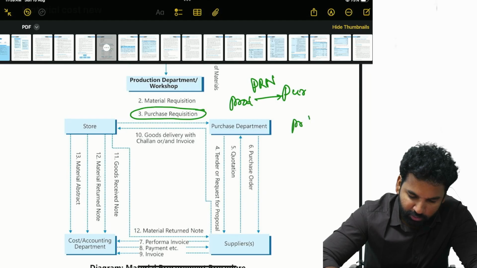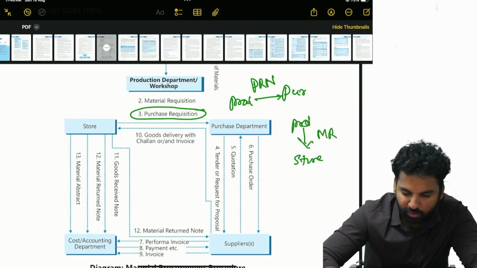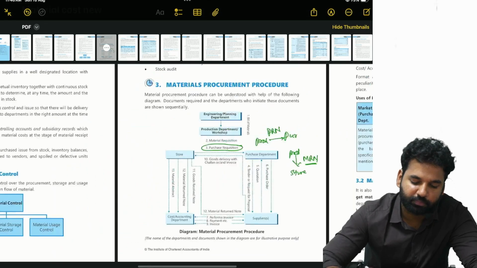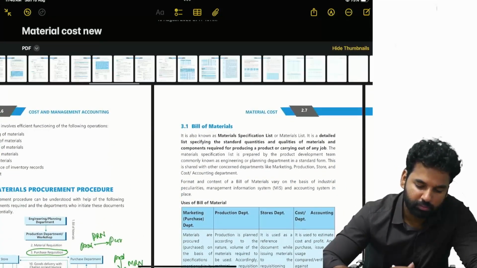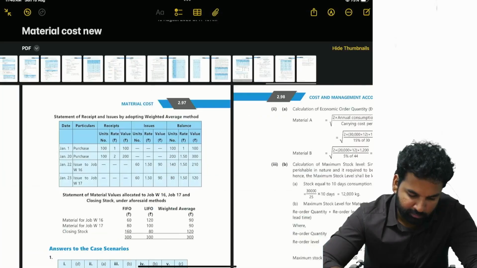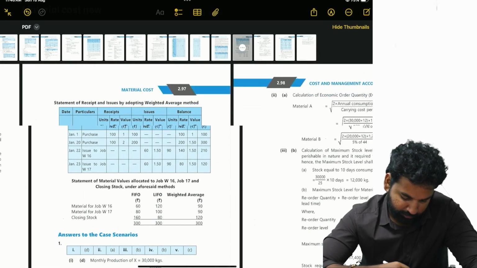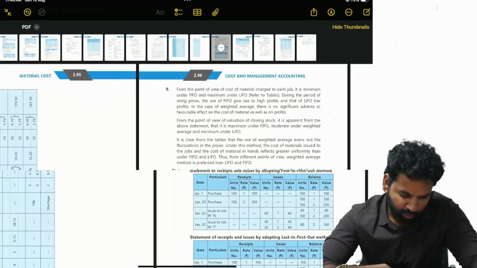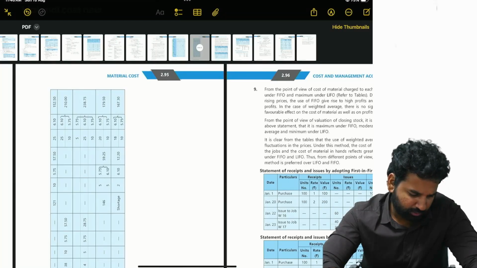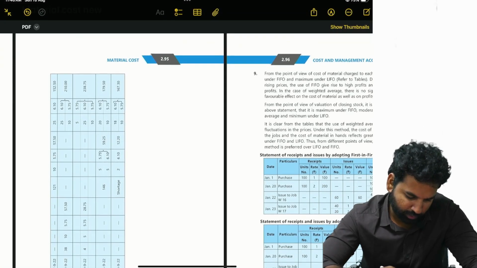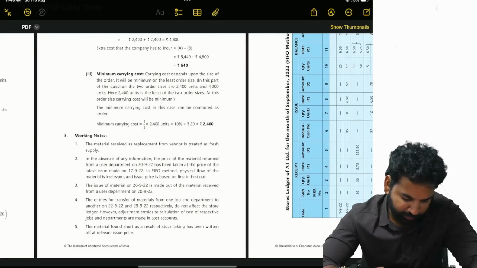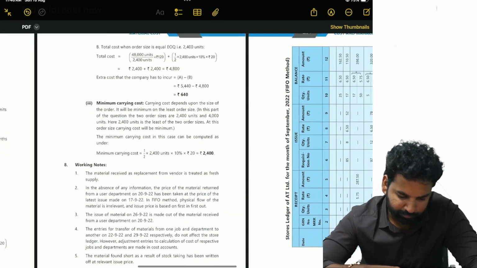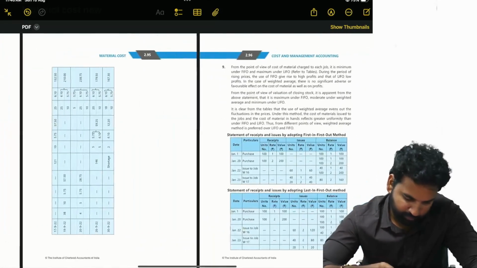From production to stores, a material requisition note will be sent. Now, 7 questions done. So now we'll take up the 9th question, you see.